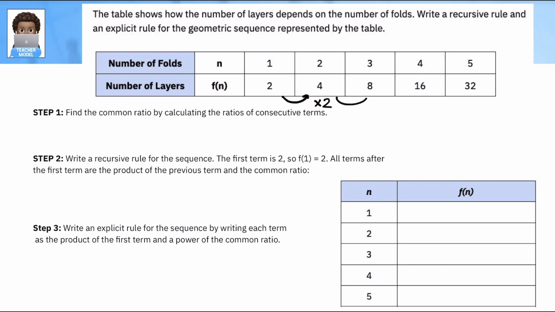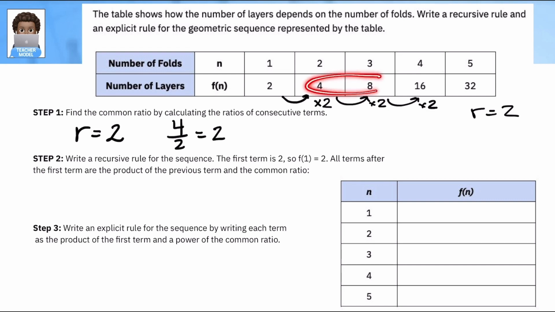So times 2, times 2, times 2. So my R is equal to 2. That is my common ratio. Sometimes you're not going to be able to see it, so it sometimes helps to just take two terms and divide them. You can just take the next two numbers, like what if I took 8 and 4?